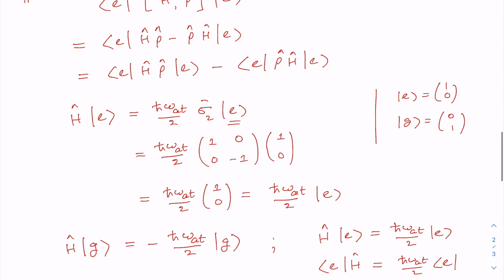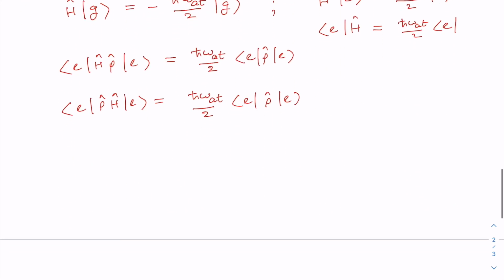And as you can see, because both these terms are equal, the commutator ⟨e|[H, ρ]|e⟩ is going to give me simply 0.